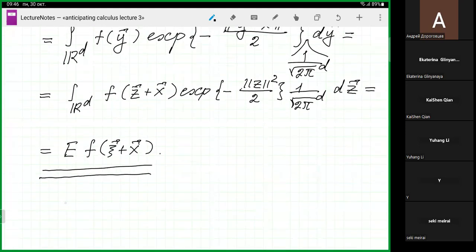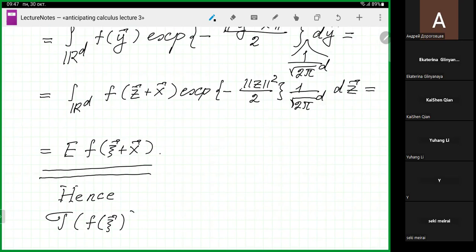We have the following: tau f of psi from x is equal just to the expectation of f of psi plus x. So we shift our random variable by x.